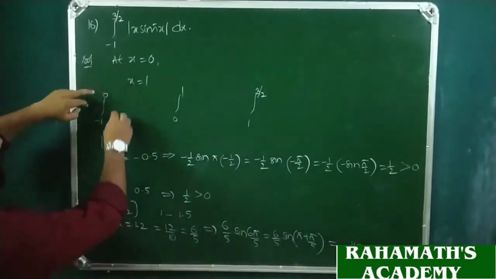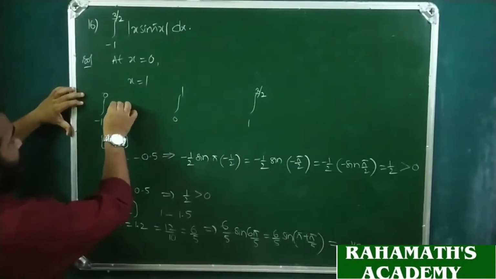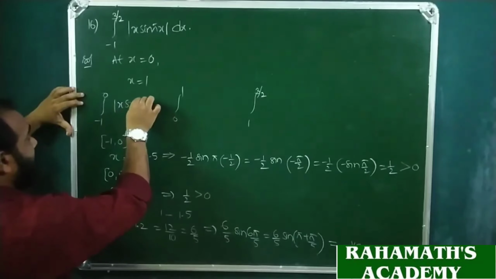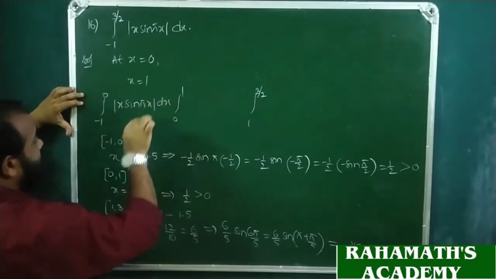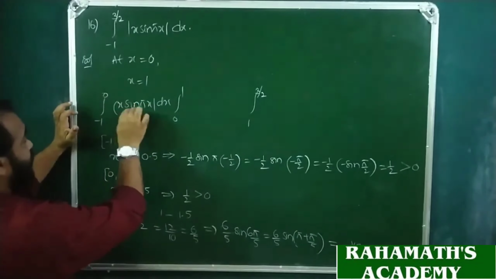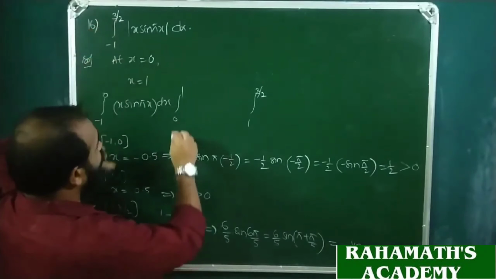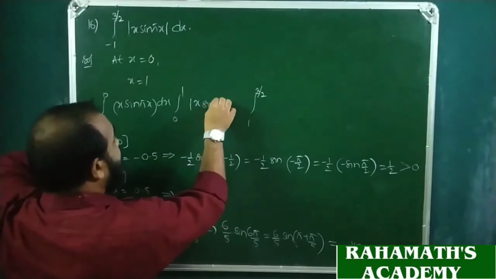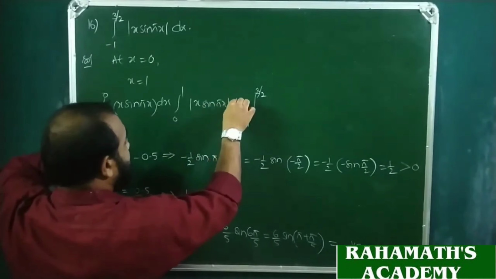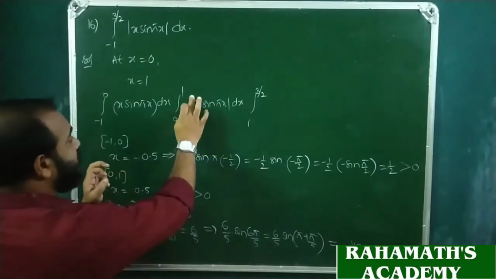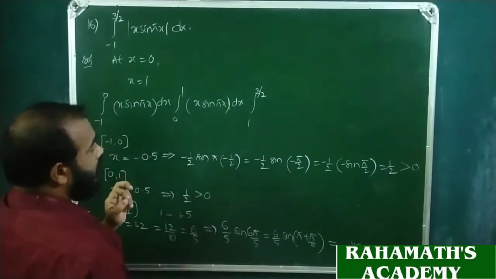That means here from minus 1 to 0, x sine pi x dx, this value is positive. And between 0 to 1, modulus of x sine pi x dx, this value is positive.